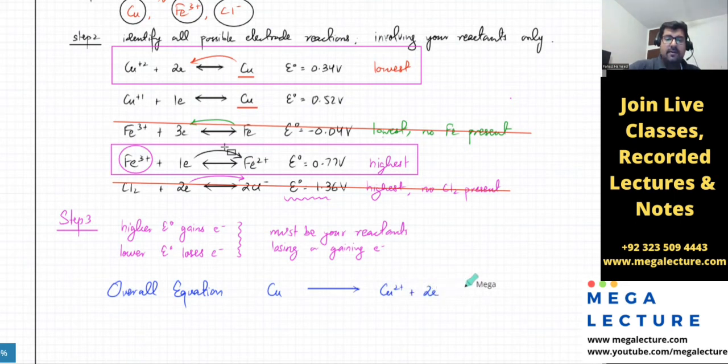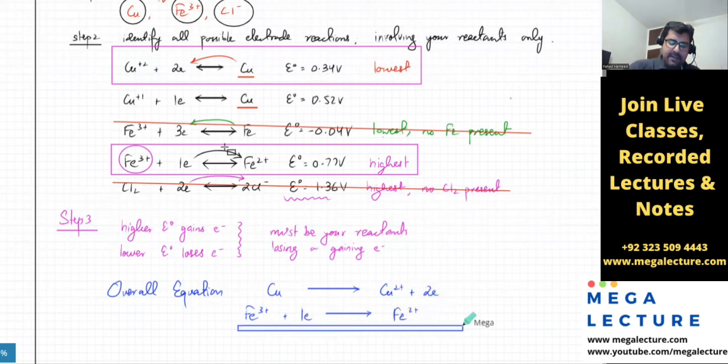And then you have the Fe3+ equation, plus 1 electron, that's turning to Fe2+.